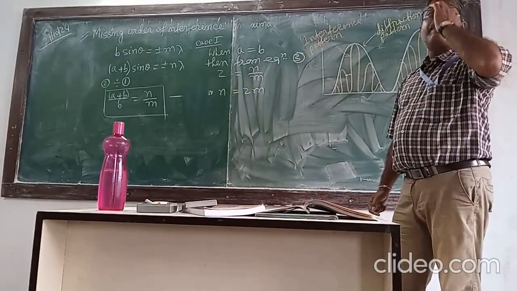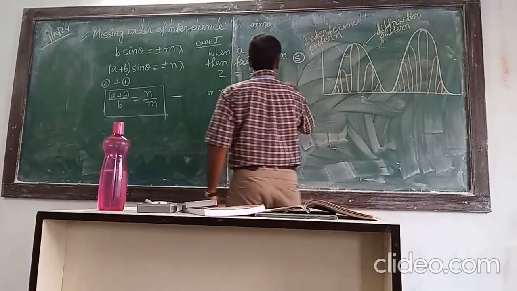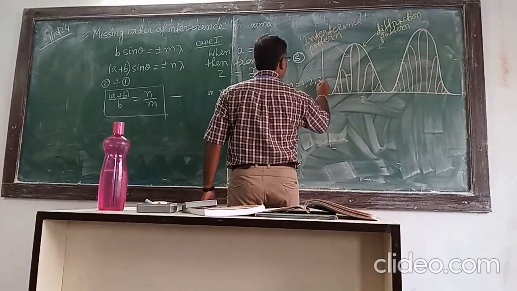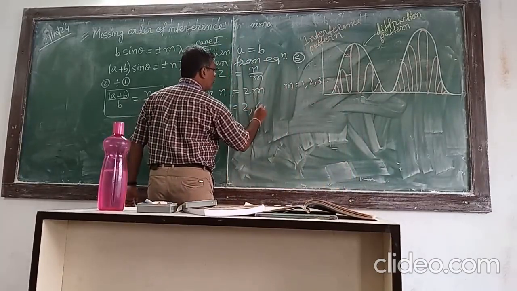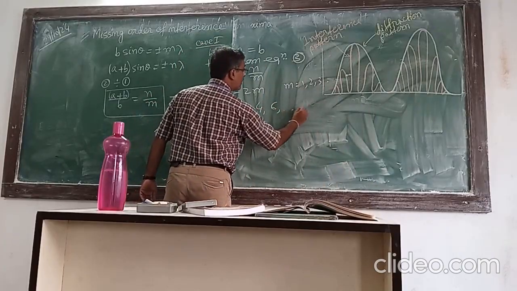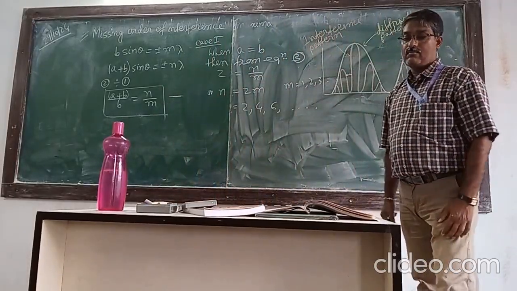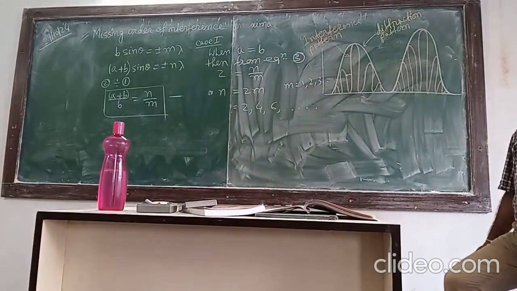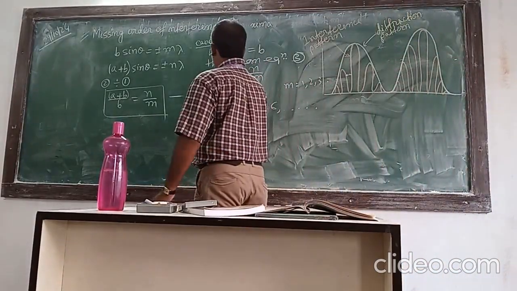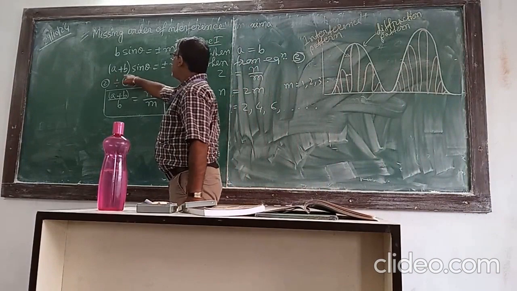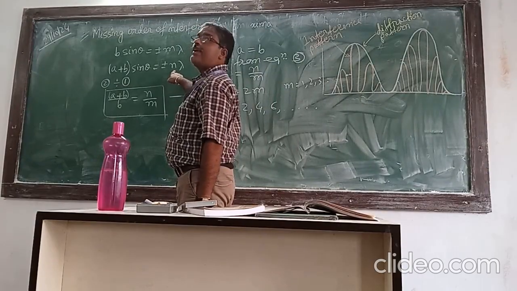We know that m is not equal to 0, so m equals 1, 2, 3, etc. Therefore n equals 2, 4, 6, like that. n is the order of the interference maxima.